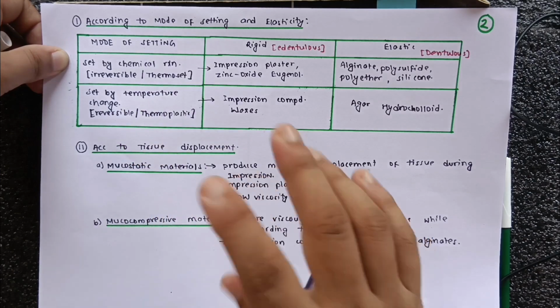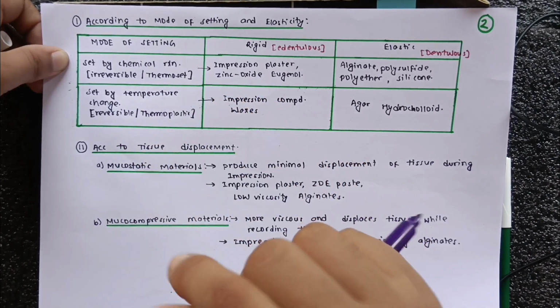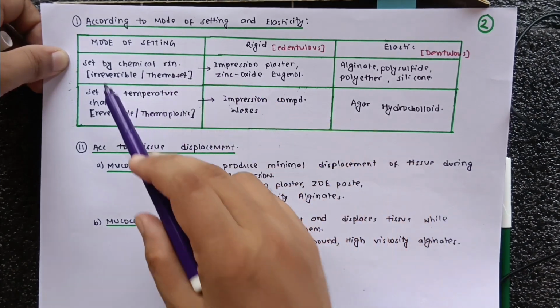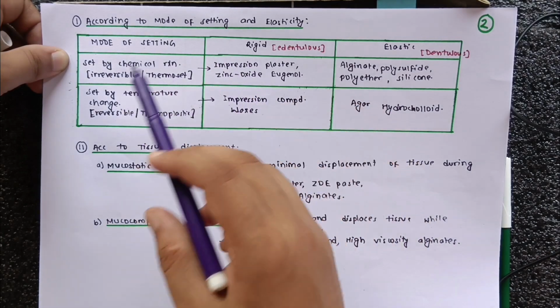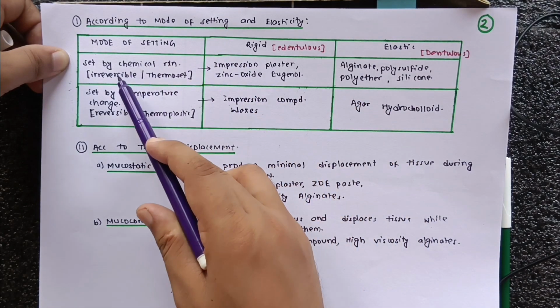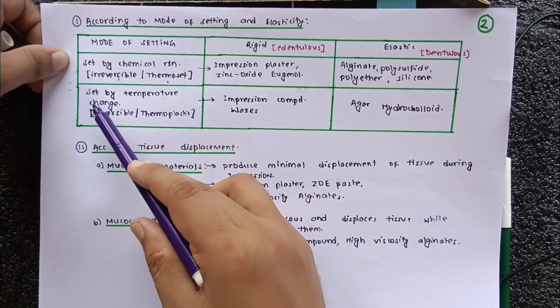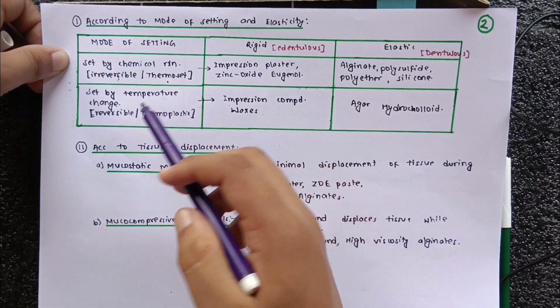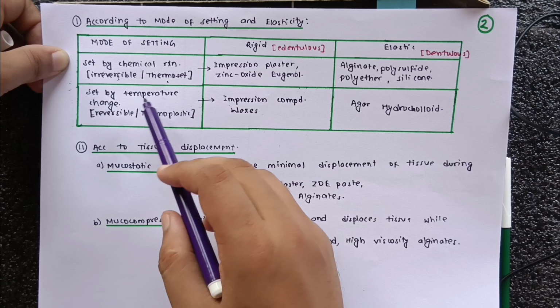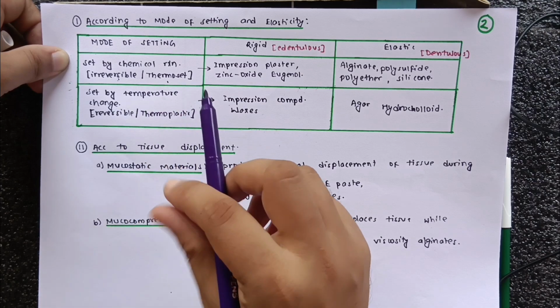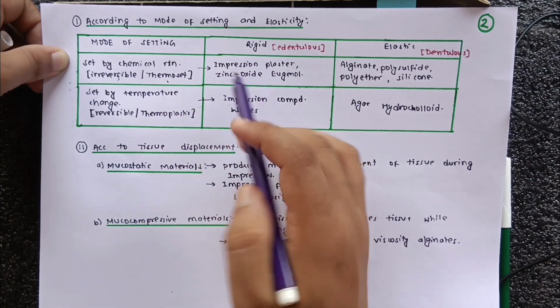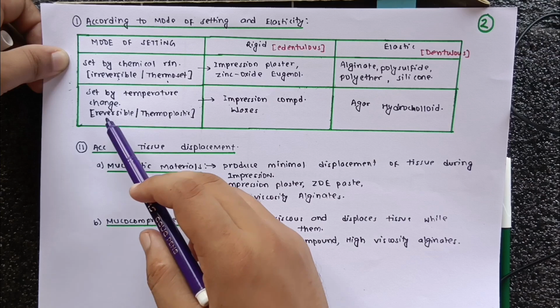So just think like that: any substance that sets by chemical reaction is irreversible, and it is also called thermoset. And any substance whose setting is by temperature change, where simply a change in the temperature causes the setting of that substance, is reversible.